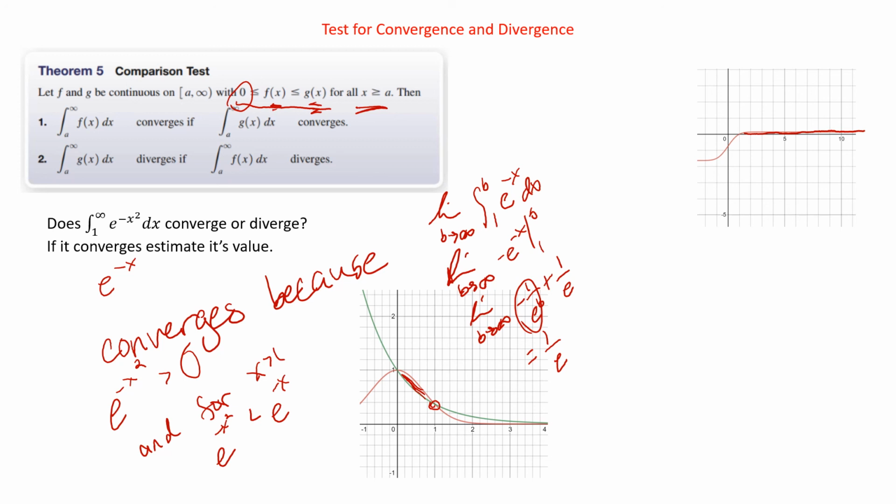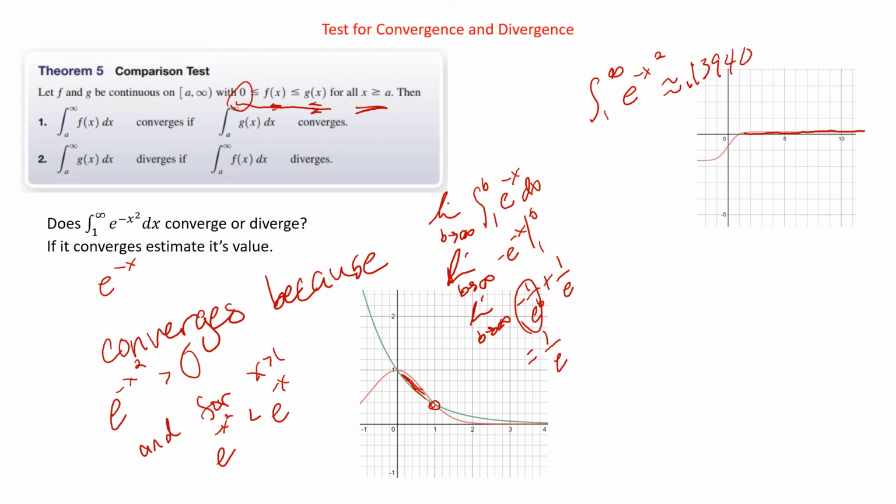I only get 3 decimals looking at Desmos, but it's getting closer and closer to that. And so the integral from 1 to infinity of e to the negative x squared is going to be about 0.1394.